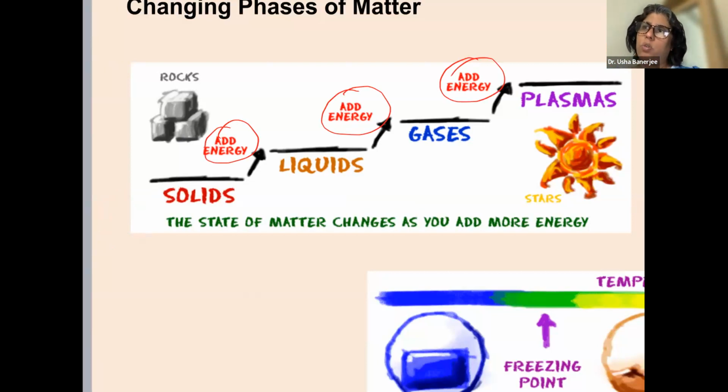Can you name other sources of energy, anybody? No answers. Food, very good. Light, very good. What else? Wind, excellent. Heat, yes, heat we know.